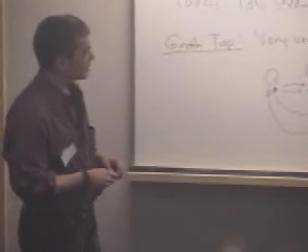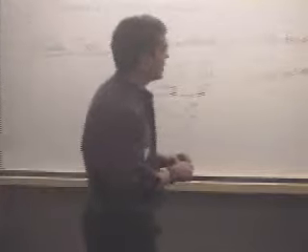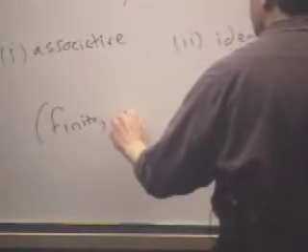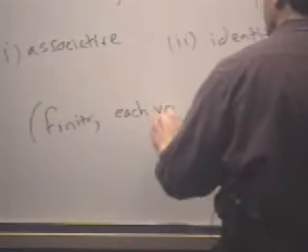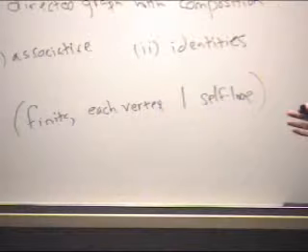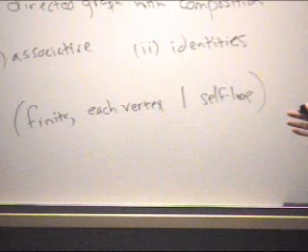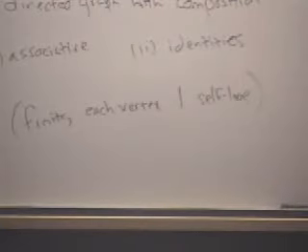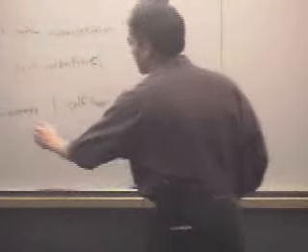Okay. So there are a few other assumptions I want to make, such that it's finite, and each vertex has one self-loop. But aside from that, that's all I'm going to assume about the graph and the category structure.